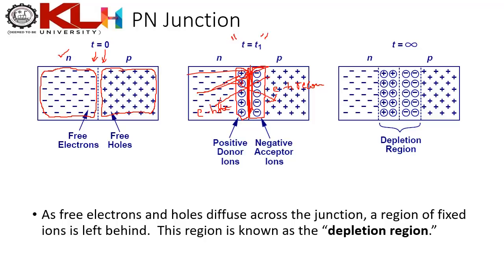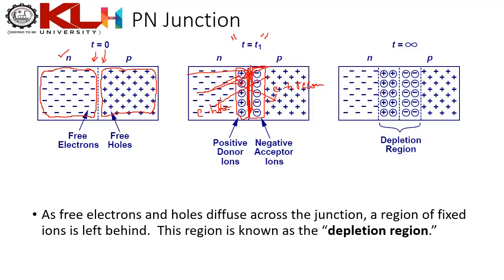They are getting diffused into the n-type region, and they are madly recombining after moving into the n-type region. Similarly, the electrons in the n-type region are madly getting diffused into the p-type region, and once they diffuse into the p-type region, they are combining with the holes that are present over here.